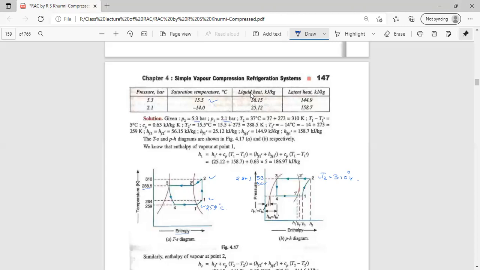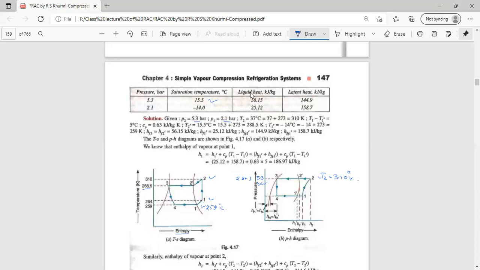HF3 is equal to HF2 dash, sorry. HF3 is the enthalpy of the fluid at the liquid stage, which is from 1 to 2.